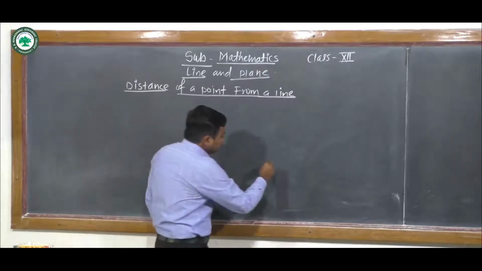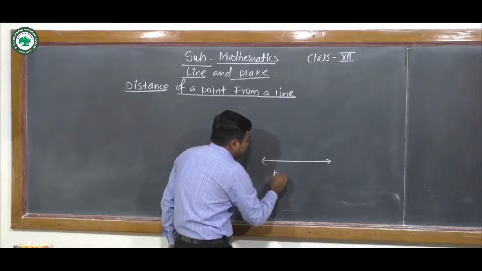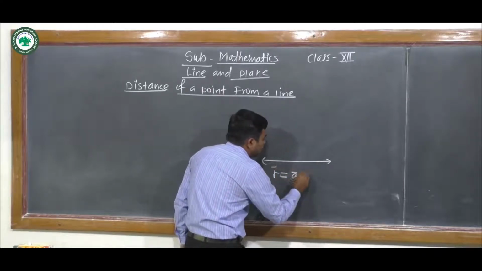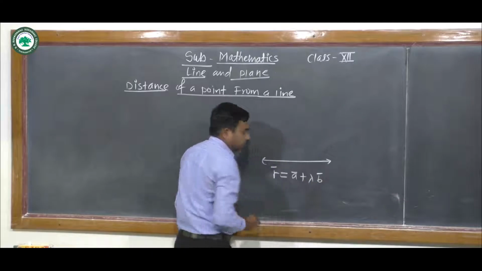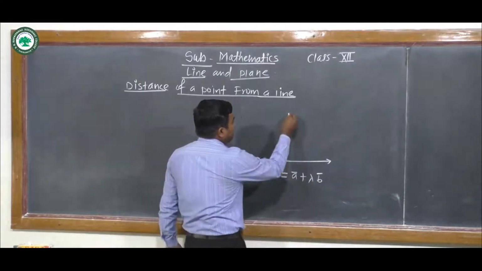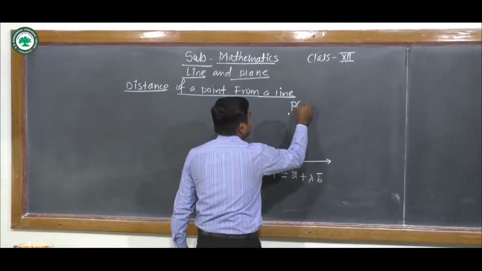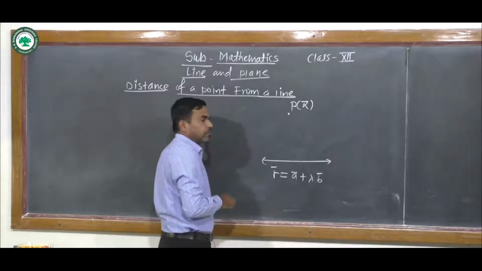If we have a line, this line is R bar is equal to A bar plus lambda into B bar, and the point P is given with position vector alpha bar.